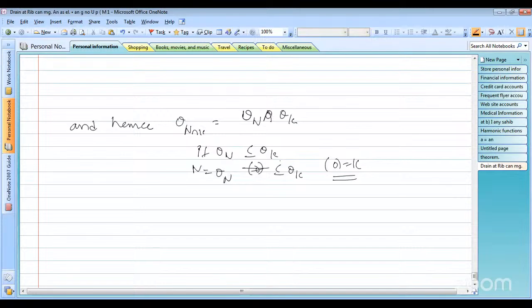So n is equal to theta n; in the intersection, theta n subset of theta k, n is equal to theta n subset of theta k, that is the condition. So therefore the map n to theta n is one-to-one. We know from the earlier theorems also that this map is one-to-one and onto also. Here we are now proving theta n plus k.